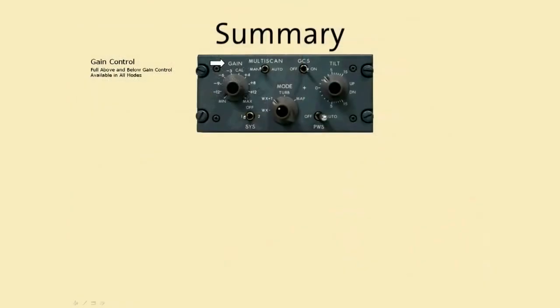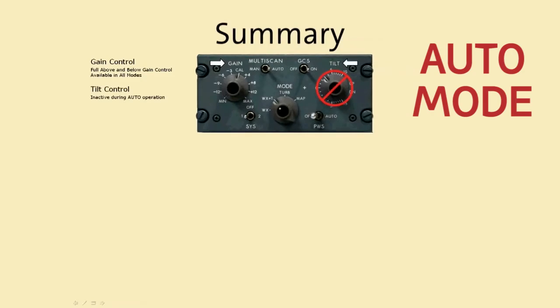In summary, remember that full above and below gain is available during both manual and auto operation. Also, there are three major differences between operating the radar in manual mode and in auto mode. First, when operating in auto mode, the tilt control is inactive.